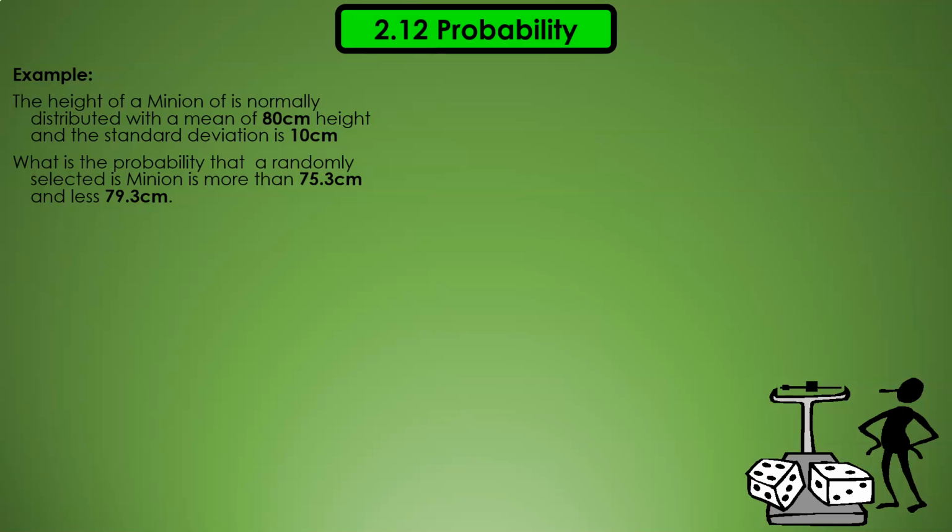What is the probability that a randomly selected minion is more than 75.3 centimeters but less than 79.3? Go. Pause the video and then see how you get on.